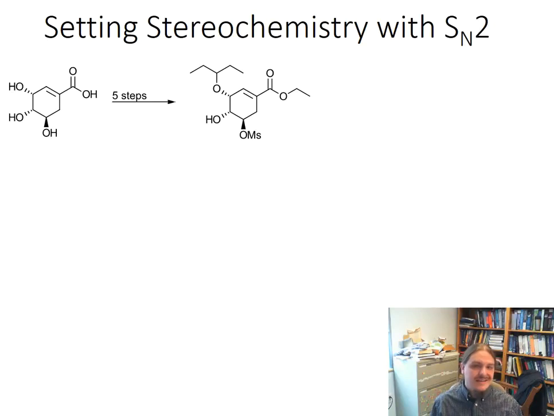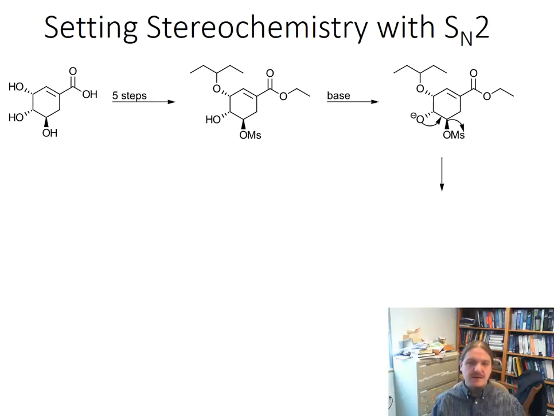And so rather than presenting the entire commercial synthesis of oseltamivir, I just want to highlight some of the SN2 steps. So shikimic acid undergoes 5 steps, and they're the 5 steps that I showed over on the vocabulary slide, to prep it for the first SN2 reaction.